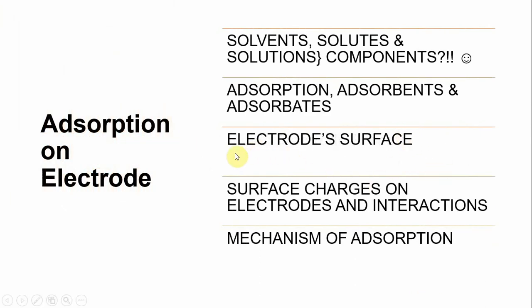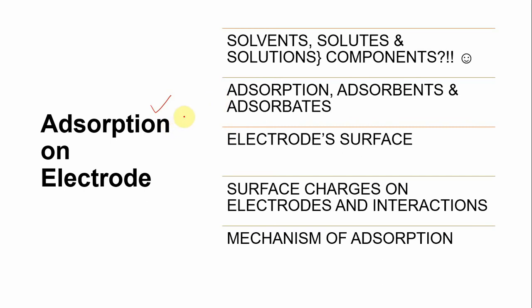for adsorption to take place on electrodes, we need to remember that we have these solvents and then we have these solutes, which are part of the solutions. They are components of the solution. So these components actually affect the adsorption process.